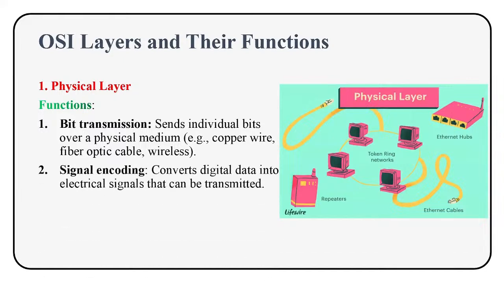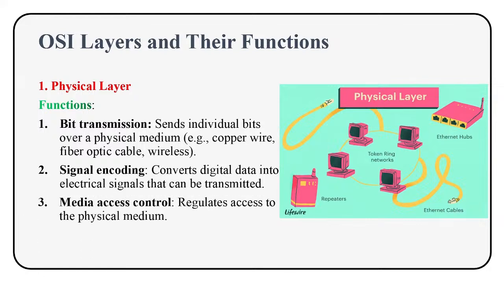Signal encoding: it converts the digital data into electrical signals that can be transmitted. Then media access control regulates the access to the physical medium. And the fourth is that repeaters and hubs are the devices which are basically used at the physical layer.